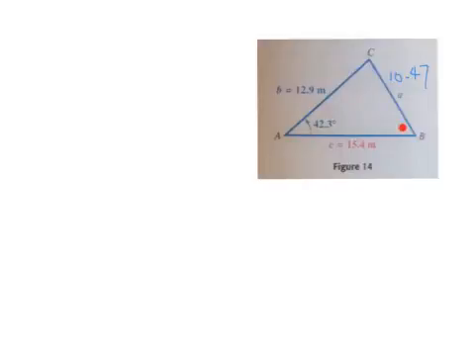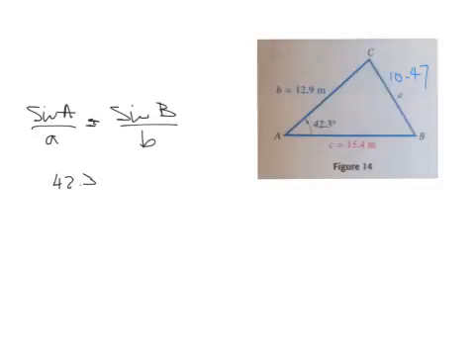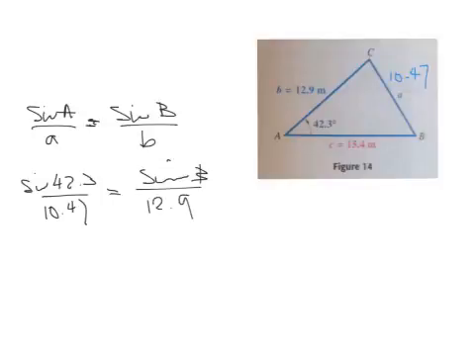We know that. Okay. So let's go with my law of sines. Sine of A over A equals sine of B over B. So we've got sine of A, which is 42.3. We have our length A, 10.47, and that equals the sine of B, because that's what I'm going to be looking for in this one, and 12.9.